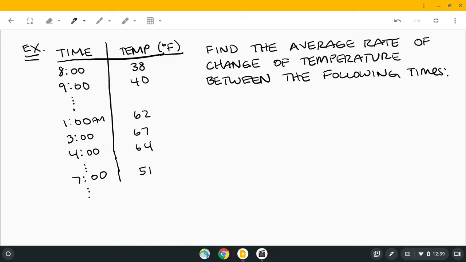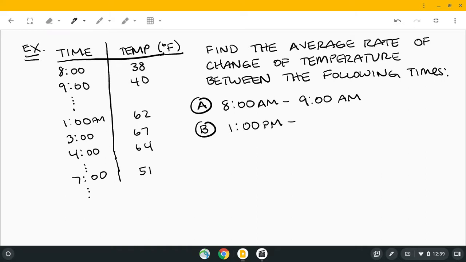Let's do these 3 times. Let's do between 8 a.m. and 9 a.m. Let's do 1 p.m. and 3 p.m. And go ahead and find it between 4 p.m. and 7 p.m. Okay?